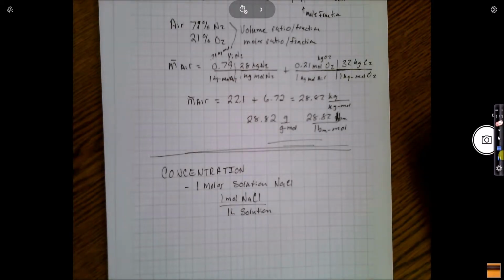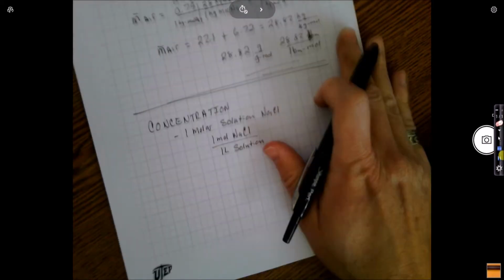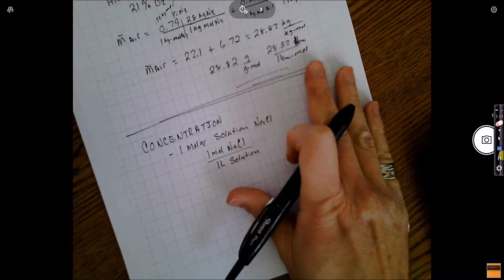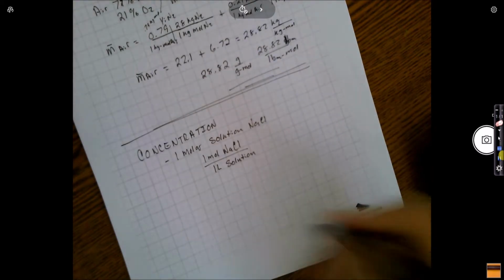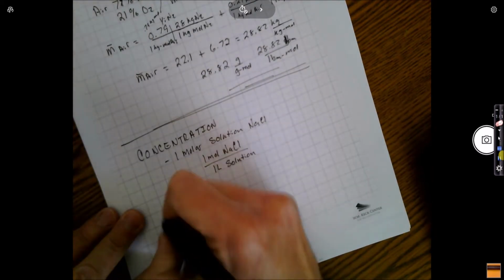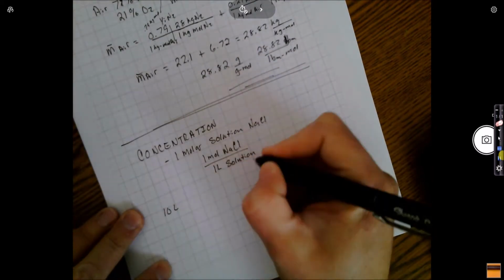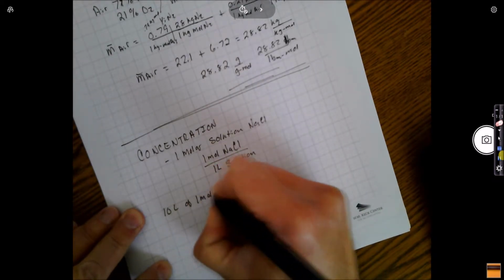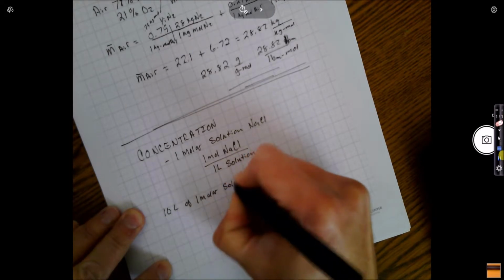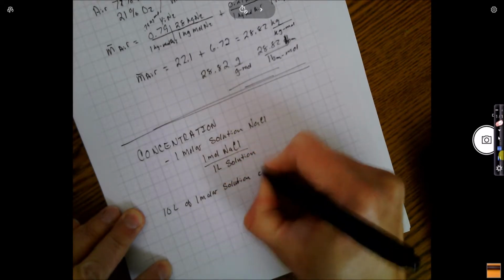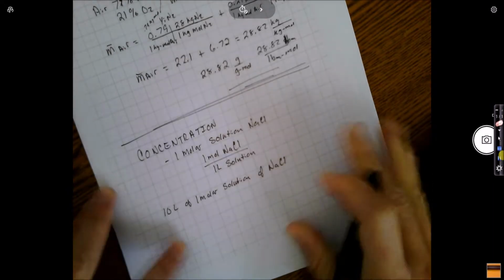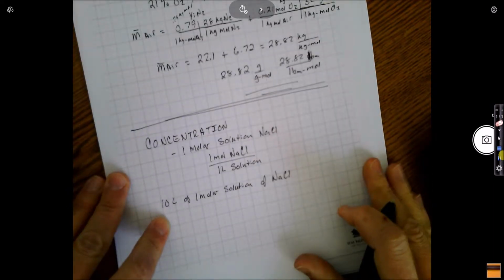All right, so we'll do a simple example of this. Let's say we have 10 liters of a 1 molar solution of NaCl.